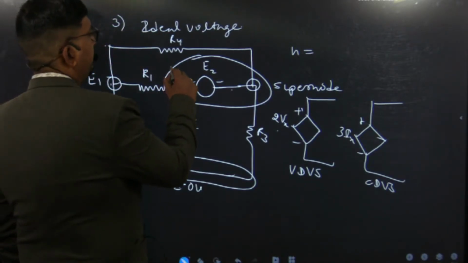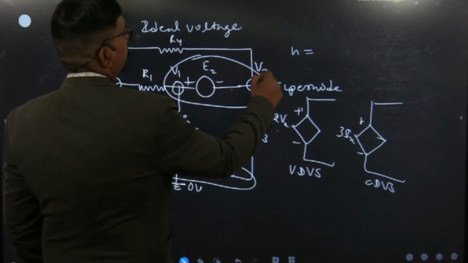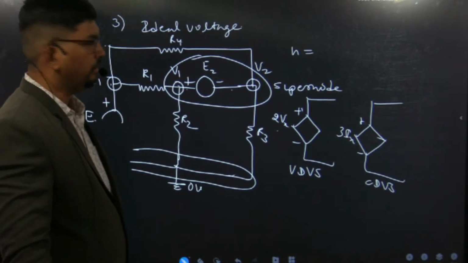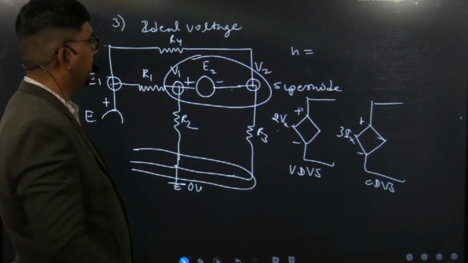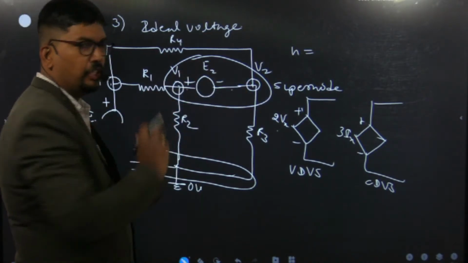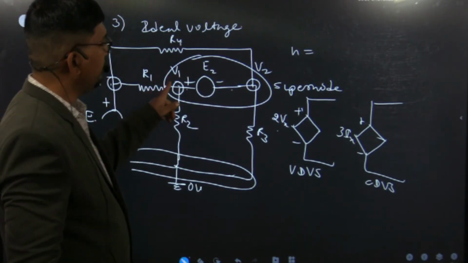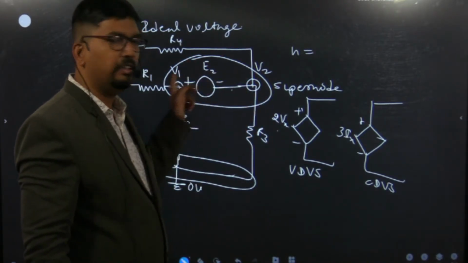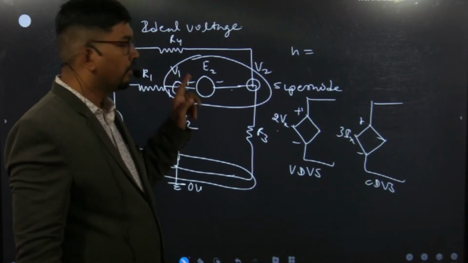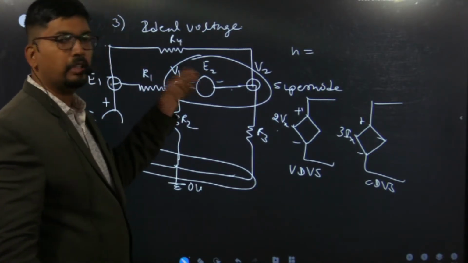Then we will assume V1 and V2 as our unknowns, and we will apply nodal analysis at either V1 or V2, because at both nodes the equation will be the same. That's why we call it a super node, and we will prove that at both nodes the equation will be the same.